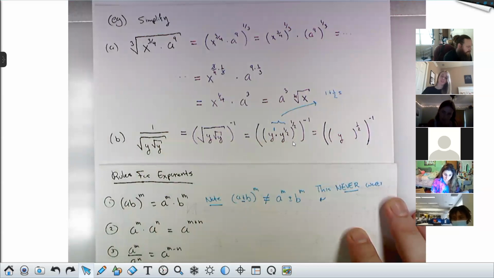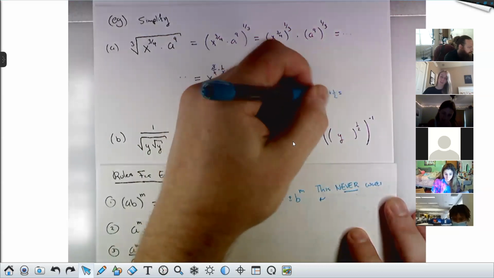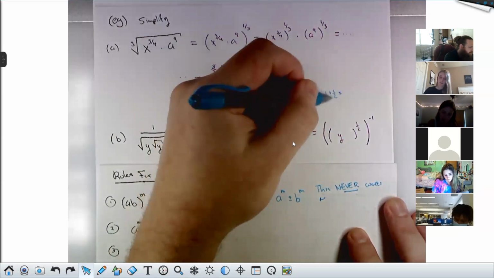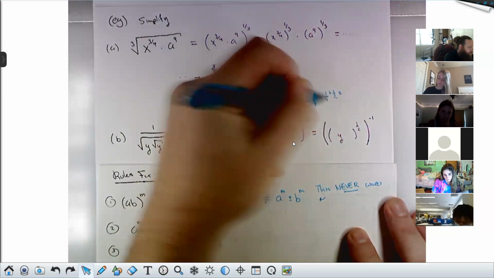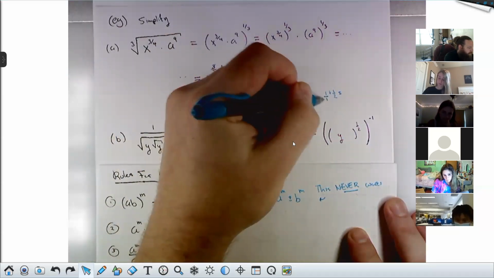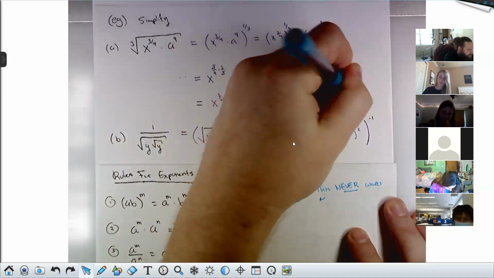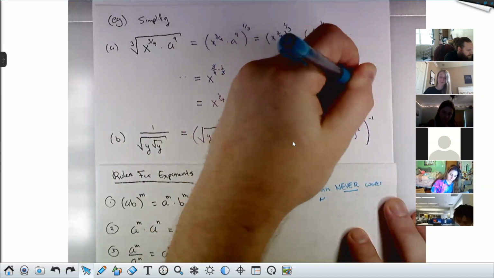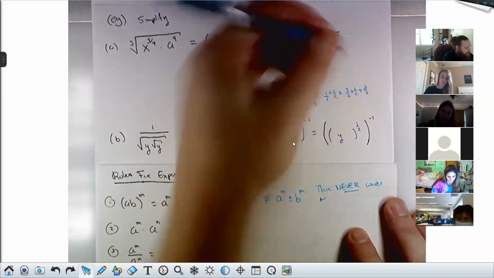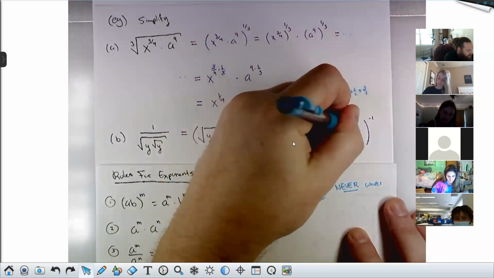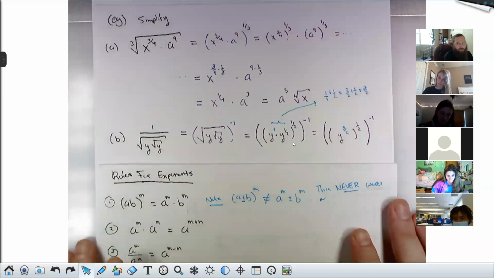Three over 2. Yeah, it's 3/2, right? I need to have a common denominator. So this guy has denominator 2, this guy has denominator 1. So we multiply by 2 over 2 here, and you get 2 over 2 plus 1 over 2, which is 3 over 2. So this is y to the 3 over 2 on the inside there.